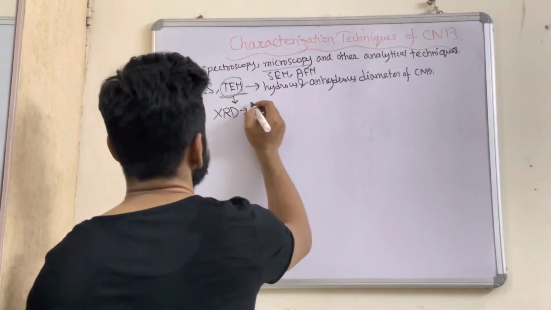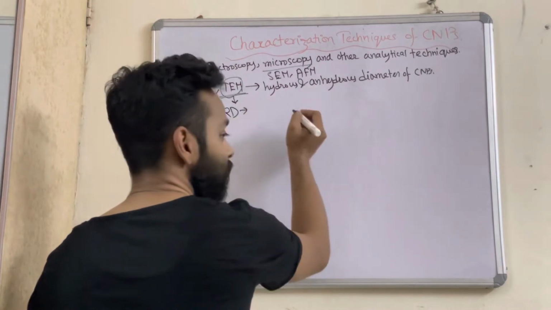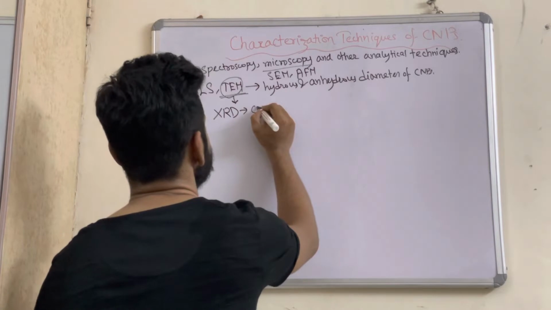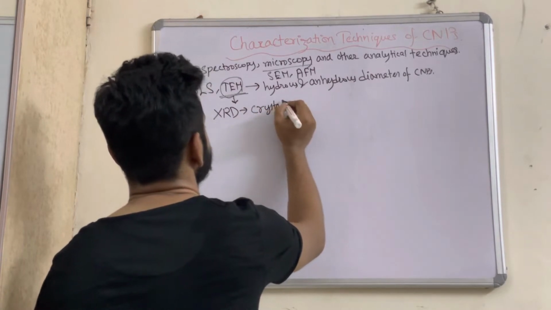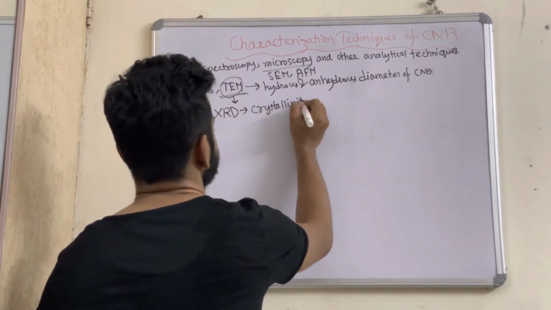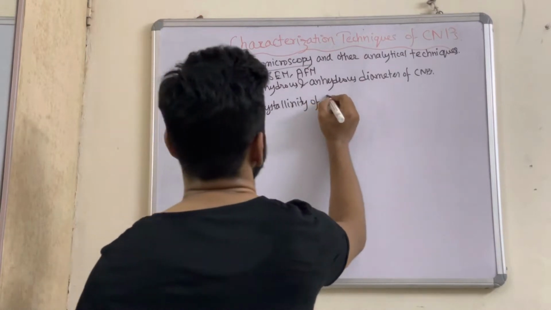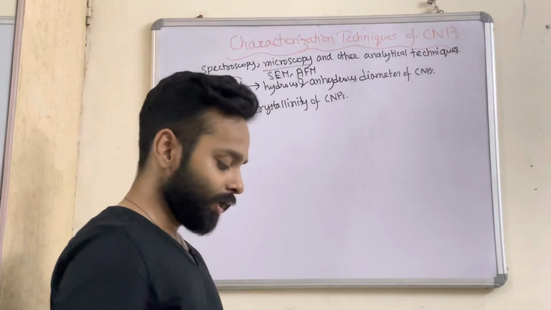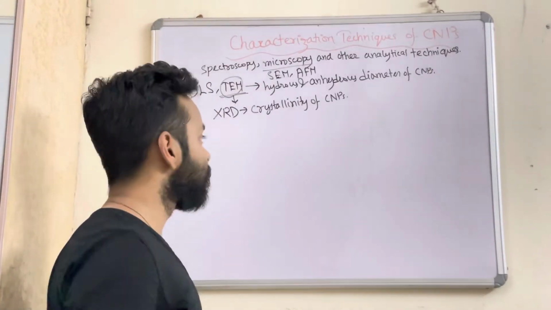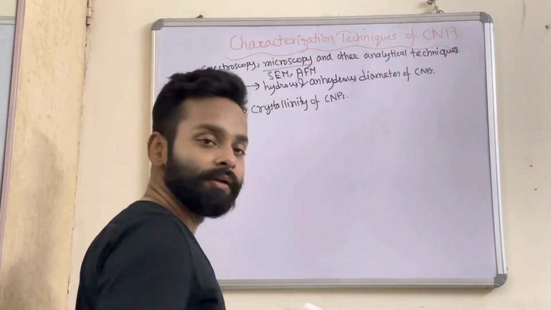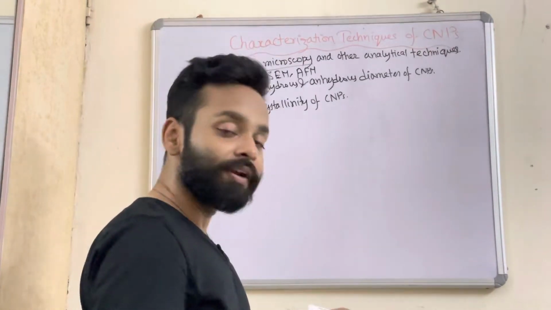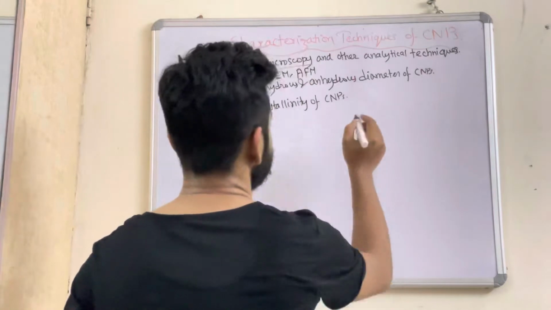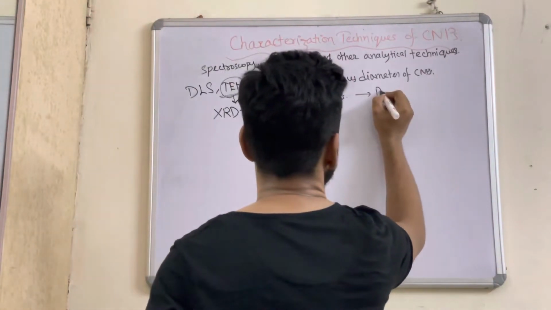So this XRD gives an estimation or determination of the crystallinity or the crystalline properties of the carbon nanoparticles. Now, if you look at the XRD data, there are different peaks which are obtained at different angles.